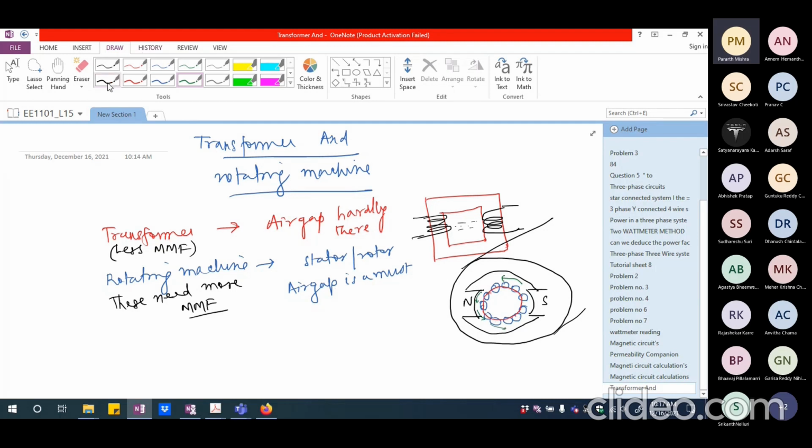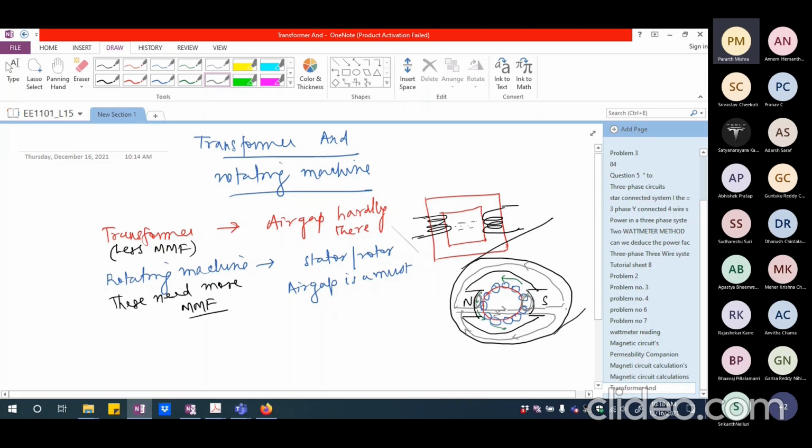When you look at how the magnetic field lines flow here, I'm going to have a magnetic field line going like this and completing its path like this. Similarly, one more line may complete its path like this. From north to south, it will flow like this and then come back like this. So you can see that there is definitely an intervening air gap here, and again an intervening air gap here.